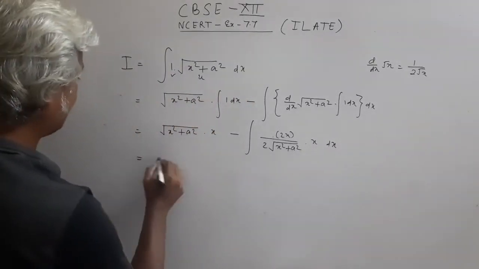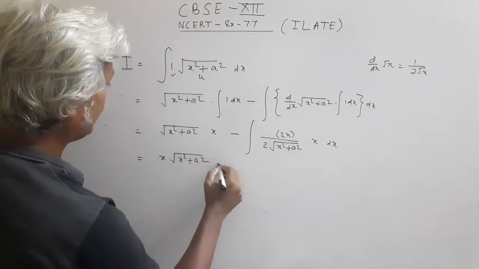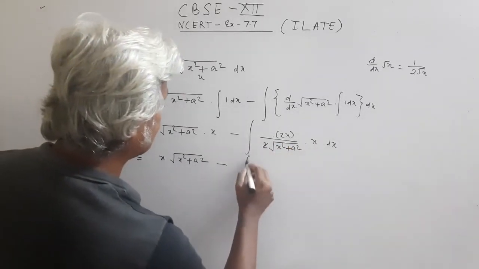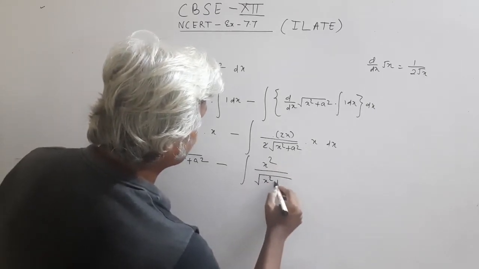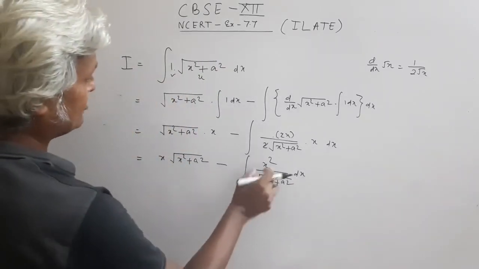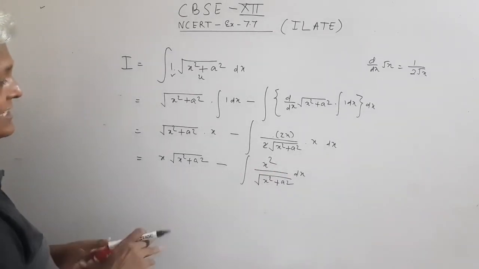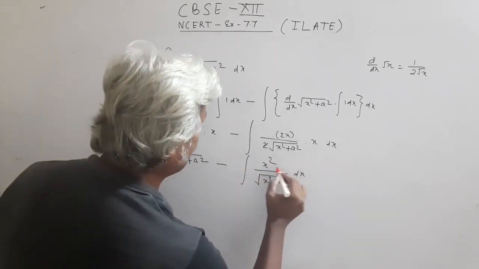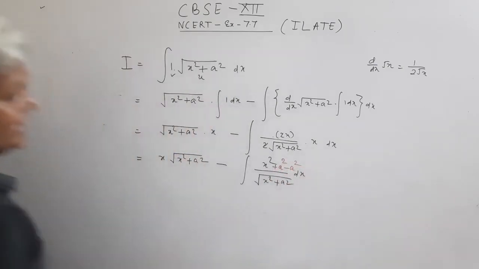So I write it in the proper order, that is x under root x square plus a square minus, this 2 and 2 cancel each other, and then we get integration of x square over under root x square plus a square dx. Then what do we do? To get the form of x square plus a square, I add and subtract a square. So I add a square and subtract a square.